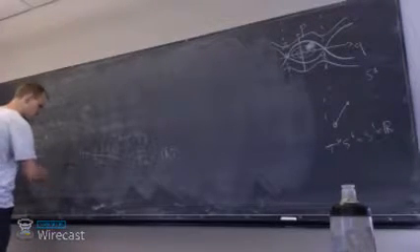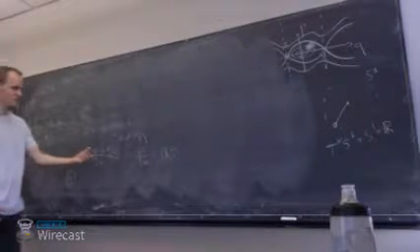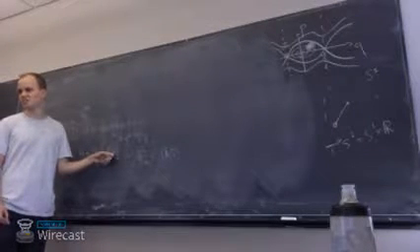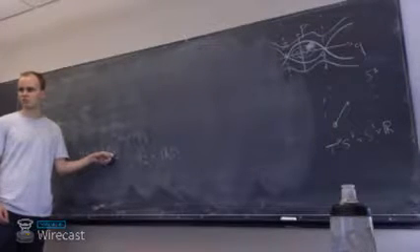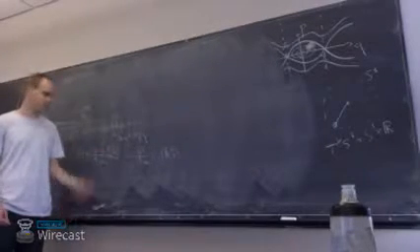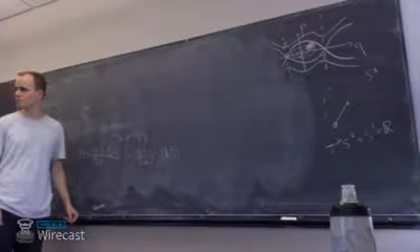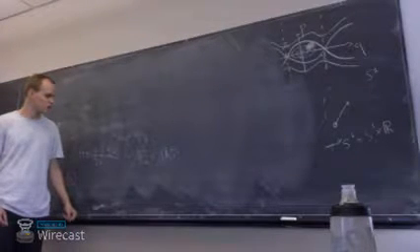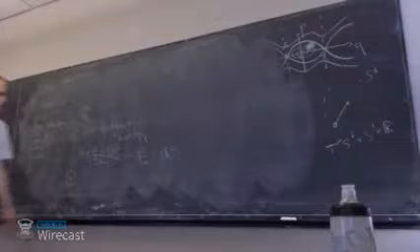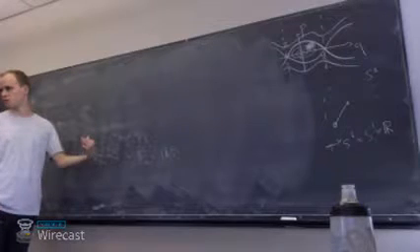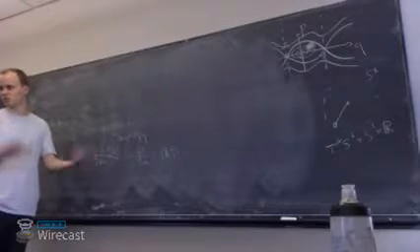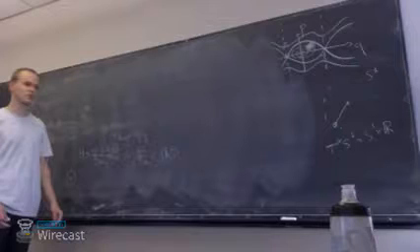That's one description. But of course, the problem with this is that it's not manifestly gauge invariant, although it is after you write out the equation of motion, and that's really all that matters.